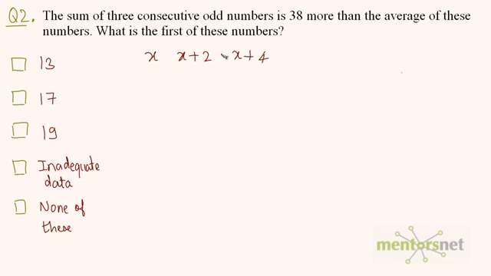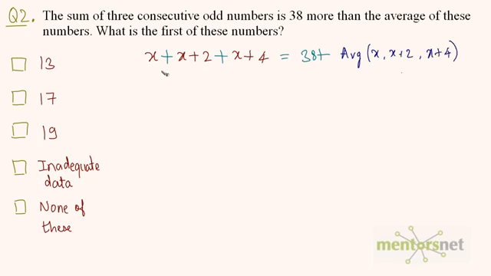Their sum is 38 more than the average of these numbers. So if we take the sum of these, it is equal to 38 plus the average of x, x plus 2, and x plus 4.